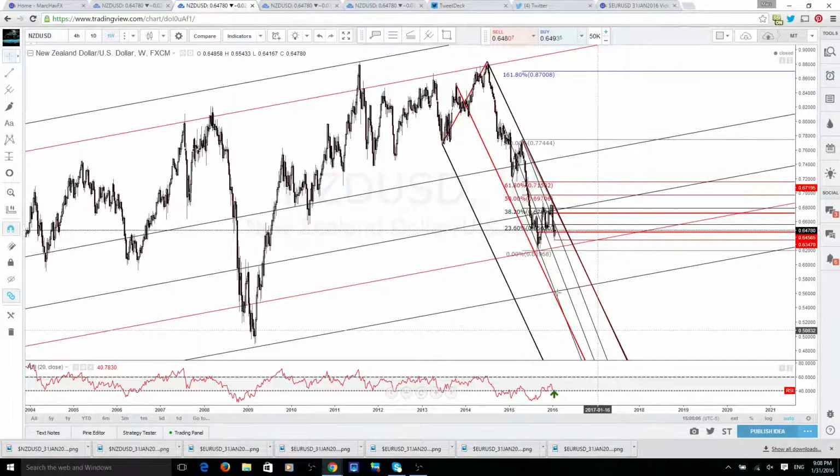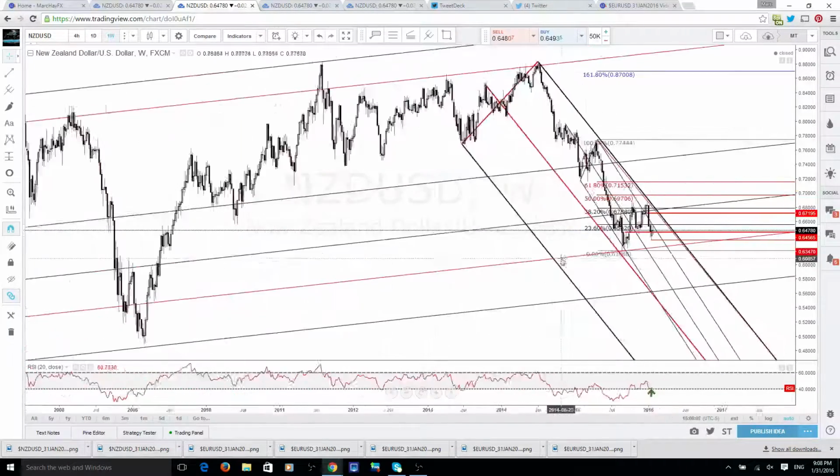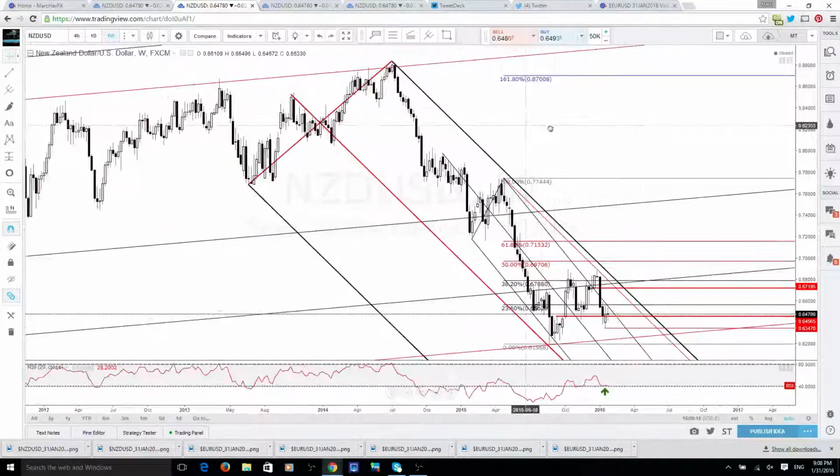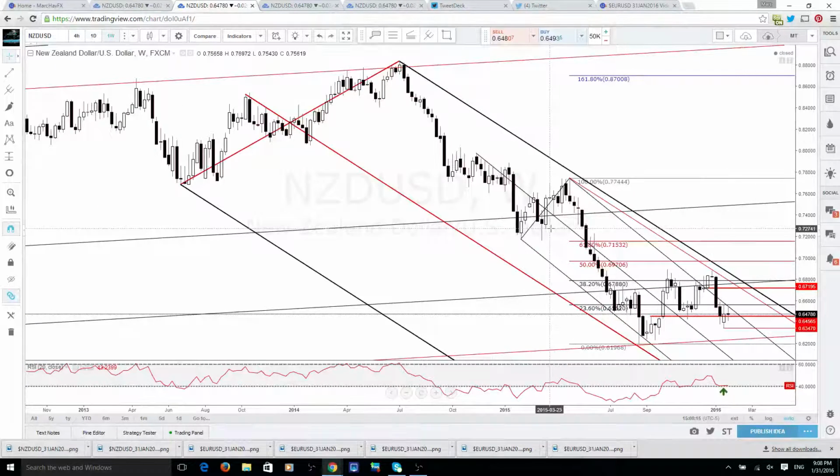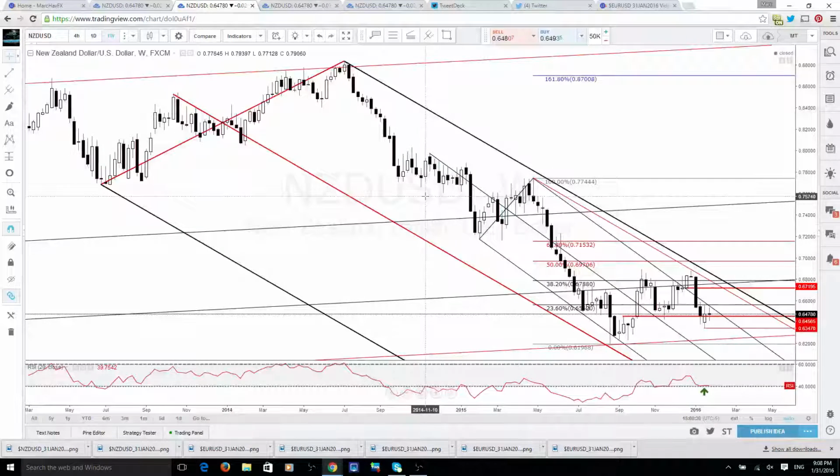Okay. So like I said, the weekly, I don't really like it that much. I'm sure it has something to do with I don't see very much trustworthy structure on the weekly here.